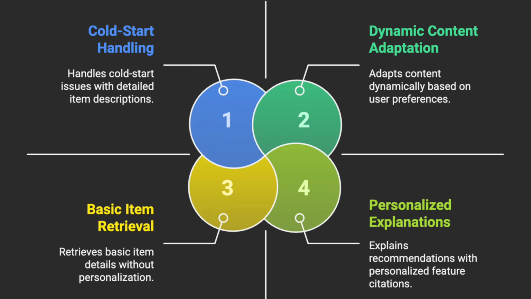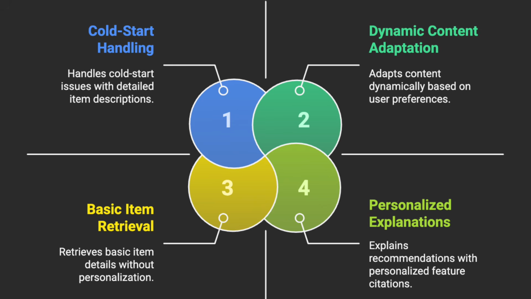Recommendation systems benefit enormously from RAG's ability to combine user-specific information with broader knowledge. For example, they retrieve specific details about products, services, or content items, combine user preferences with detailed item information, explain recommendations by citing specific features or attributes, and handle cold start problems by leveraging detailed item descriptions.